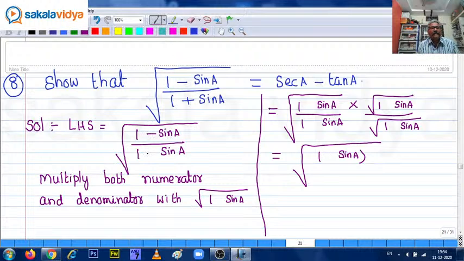This is 1 minus sin A. Right. This will be 1 minus sin A whole square upon 1 plus sin A into 1 minus sin A.